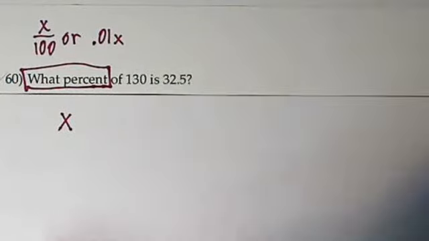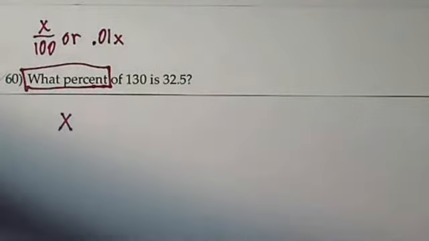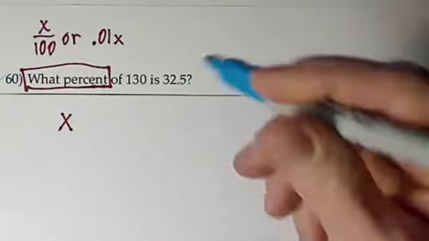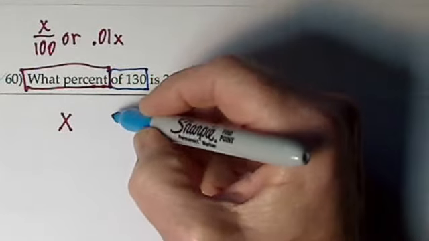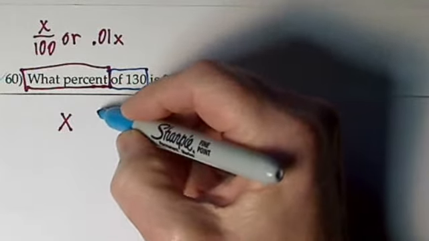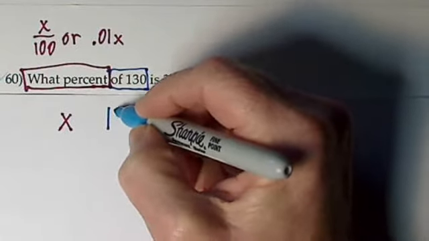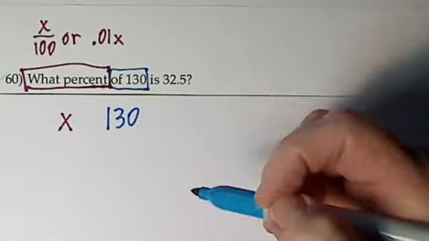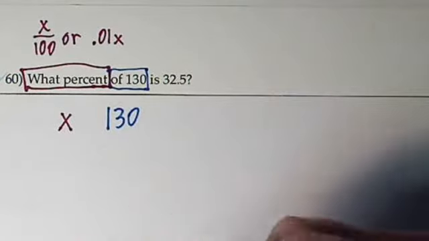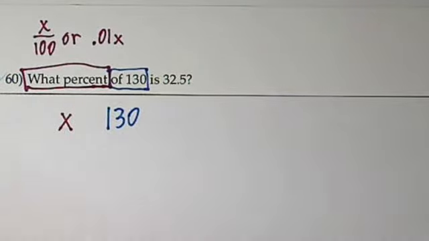And then of 130 means times 130. So if I just put 130 right here, variable next to a number means to multiply. If you want to put a dot there to reinforce it, that's fine.